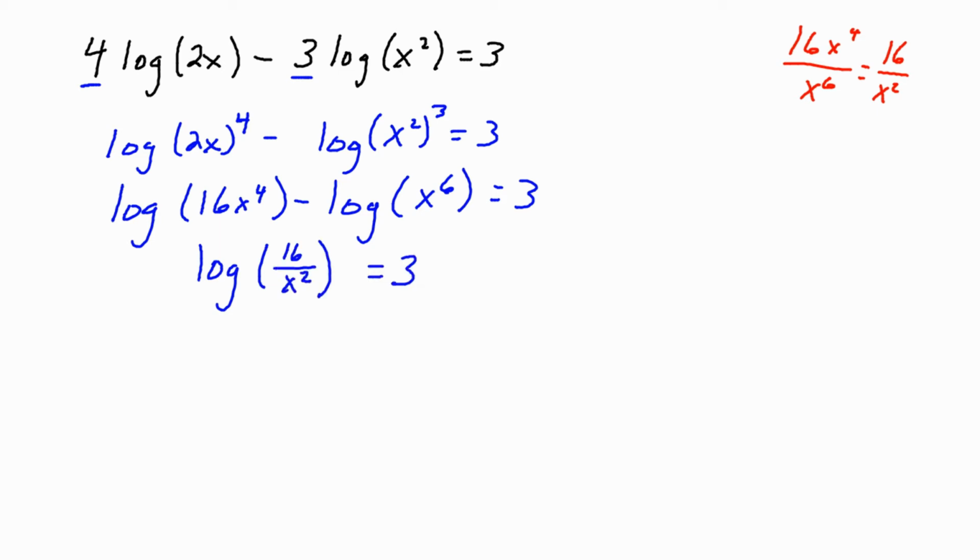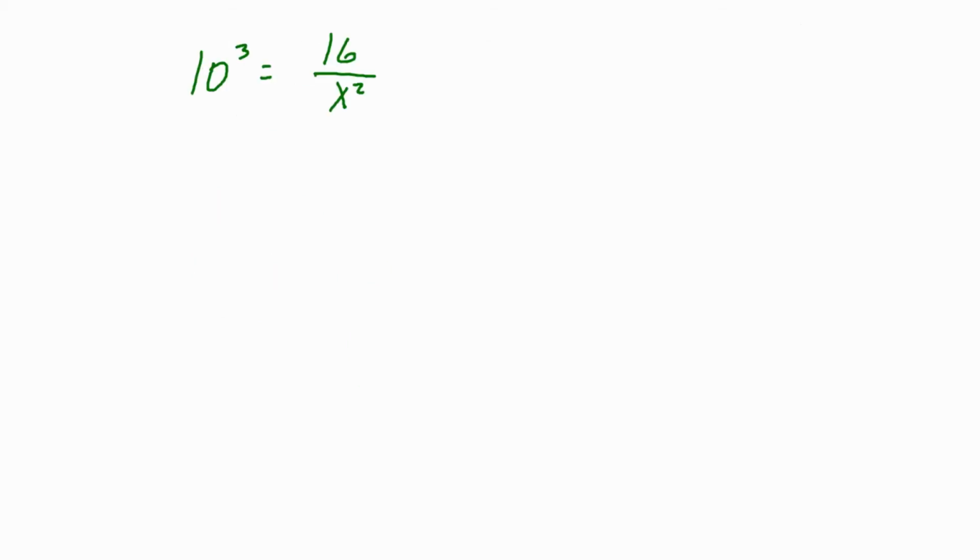equals 3. And now I'm ready to write it in exponential form. I'm dealing with log base 10, so 10 to the 3rd power equals 16 over x^2. 10 to the 3rd power is 1,000, equals 16 over x^2.